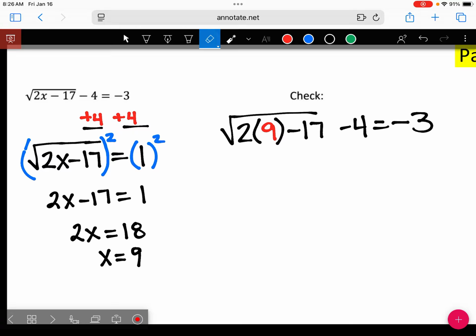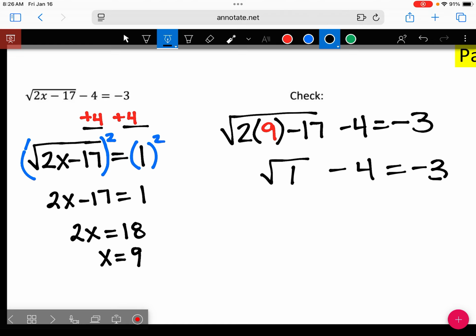So let's start off by figuring out what this is. 2 times 9 minus 17. And 2 times 9 is 18. 18 minus 17 is 1.